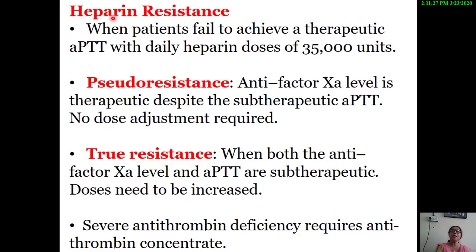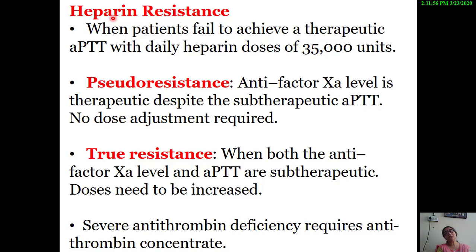So in this way, with the help of measurement of anti-factor 10A level, we can differentiate between those patients who have pseudo resistance to heparin or true resistance to heparin. So if the anti-factor 10A level is therapeutic, it means that the heparin is working, but if the anti-factor 10A level is subtherapeutic, then it means that the heparin in this particular patient is not working.